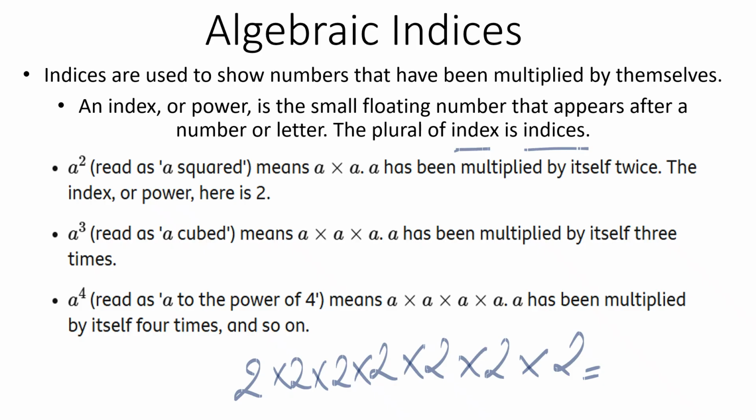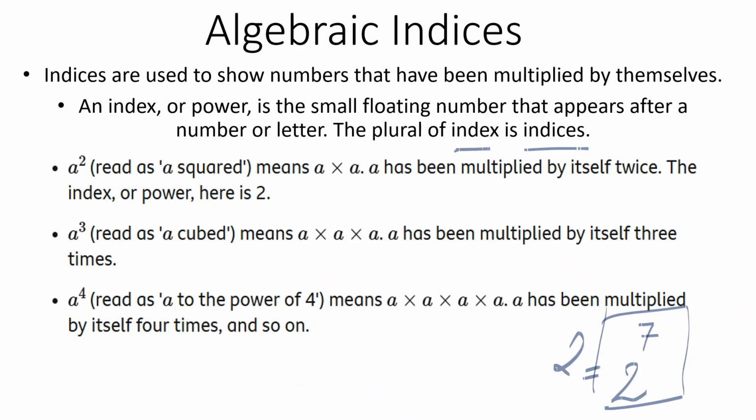So how many times do I have 2? 1 2 3 4 5 6 7. So my base is 2 and it's getting multiplied 7 times, so 2 to the power 7. See now how simplified it has become. So that's why algebraic indices are very important for learning purposes, and they also help in day-to-day life.